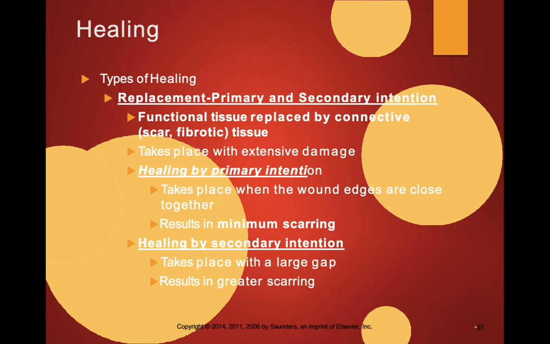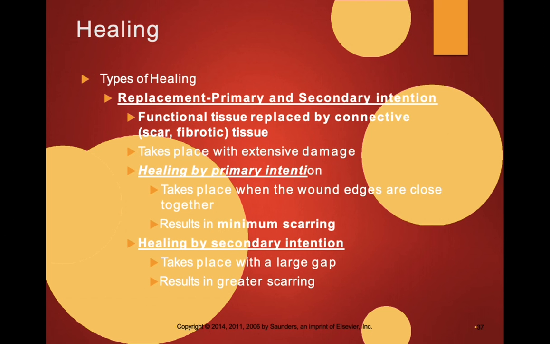Replacement, still different types of healing. The replacement could be primary or secondary intention. Okay, the functional tissue is replaced by connective tissue. It takes place whenever there is extensive damage. The healing by primary intent takes place when the wound's edges come together.